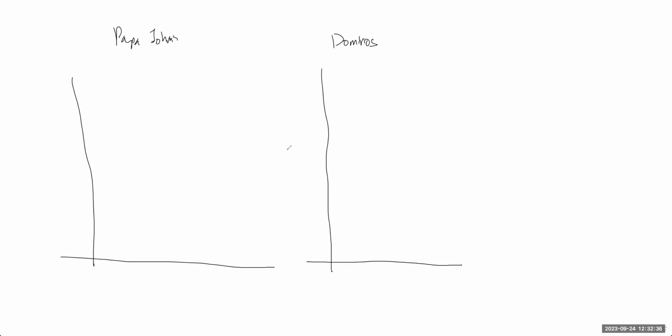We learned about individual supply and using that to create market supply. I'll do that real quickly because we did it with demand. It's not any different. Here's Papa John's. Here's Domino's. You add them together, and let's suppose that there's only 2 sellers in this marketplace, and we have the market.